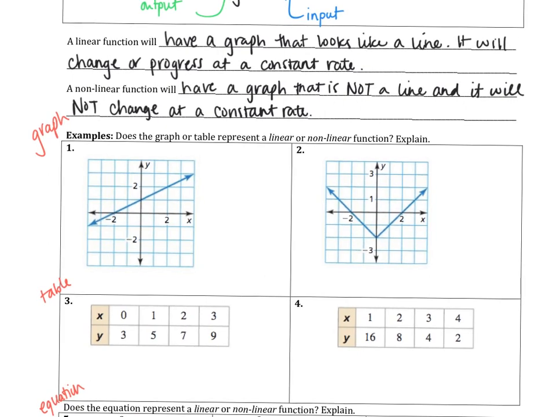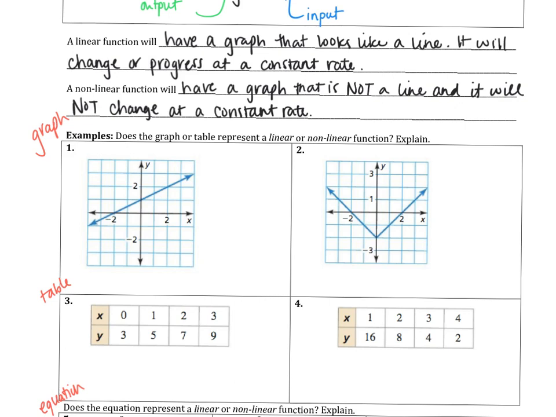Now, identifying if a function is linear or non-linear on a graph. Okay, you can already tell that this is a function because it does pass that vertical line test. If I were to drag my pencil across the page, I would hit the graph at only one point all along this function. So that's why I know that it already is a function.